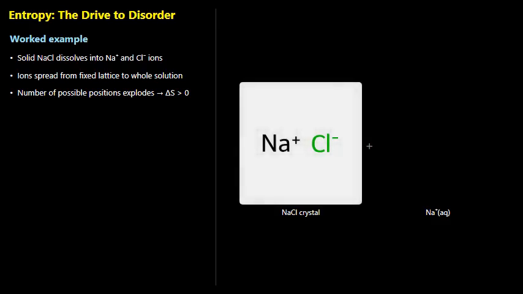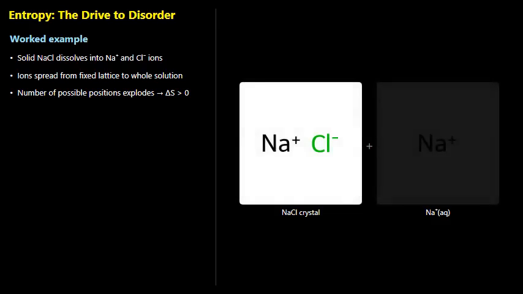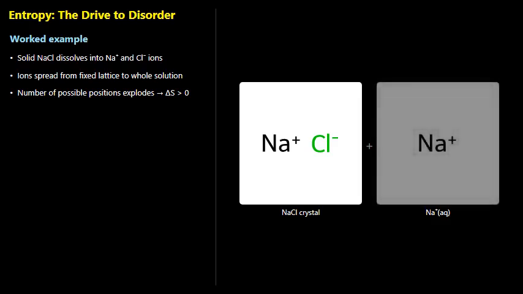Now, each ion could be in a vast number of different positions. The number of possible ways to arrange the ions has exploded. This massive increase in possible arrangements means the entropy of the system has gone up. We say the entropy change, delta S, is positive. The dissolving process is spontaneous partly because it leads to this huge increase in disorder.